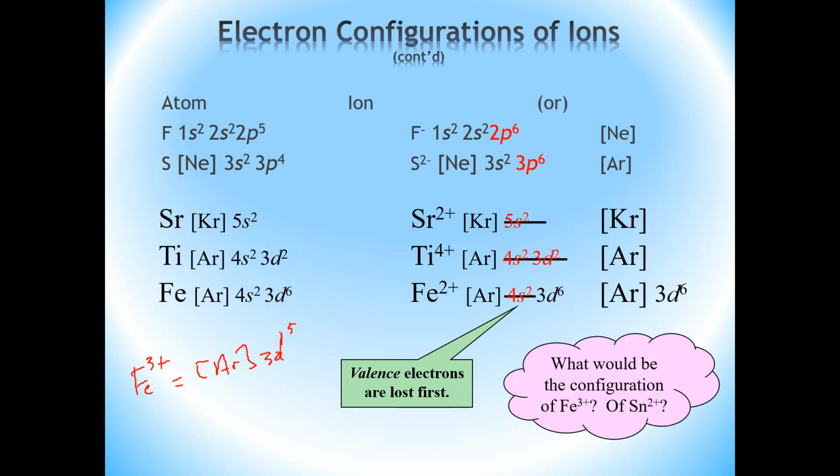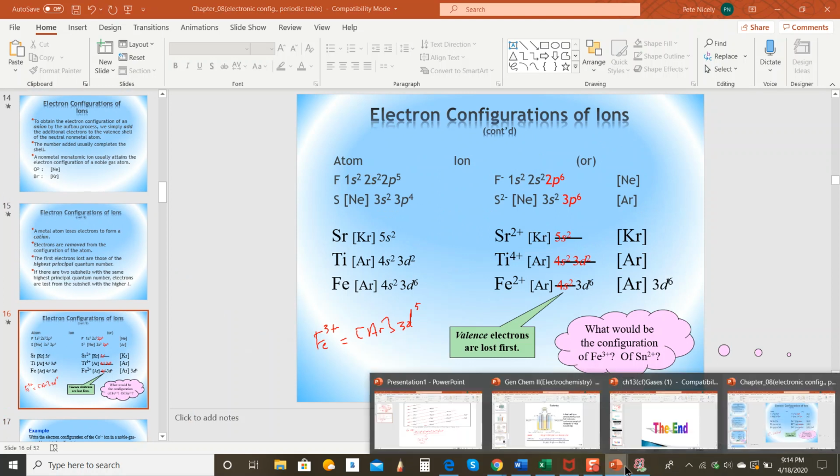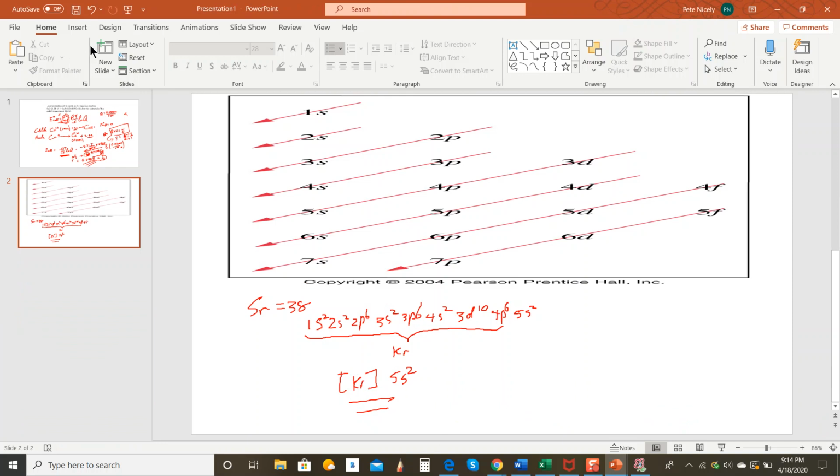All right? Now, the next question being asked is, what is the electronic configuration of tin 2 plus? Now, in order for us to do that, let me go to another PowerPoint. Let me create another slide here.